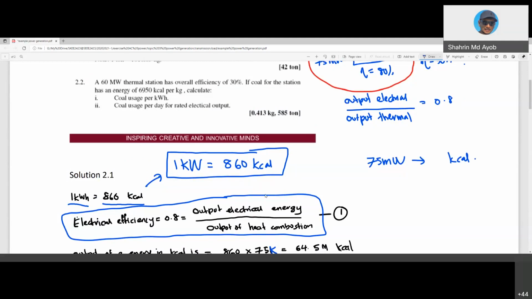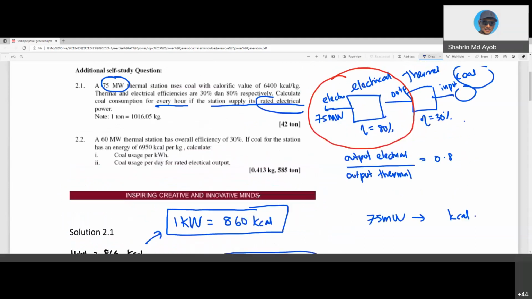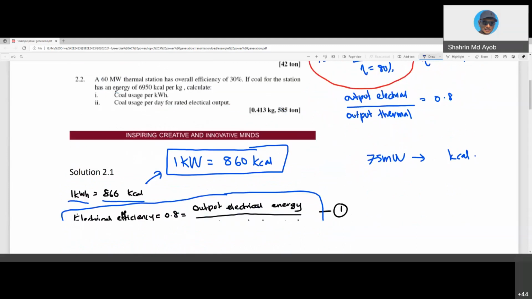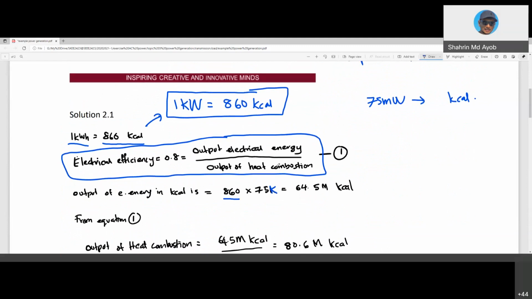Okay, I hope you get this, because sometimes you may ask me, this one is 75 megawatt, but why does the doctor multiply 75k? It should be 75 megawatt, right? But you need to look at this relationship.